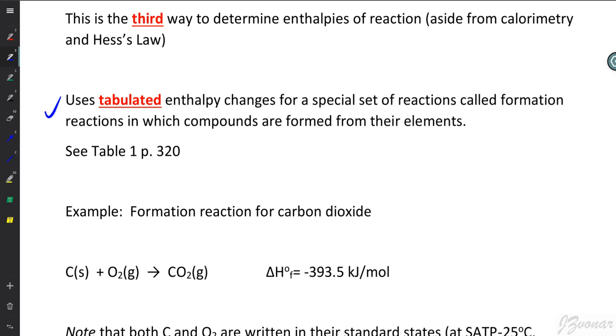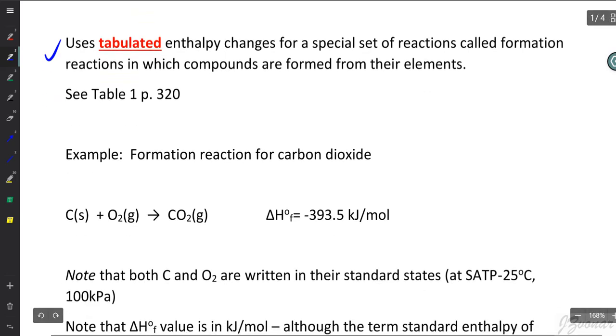Our textbook has a very shortened version of this tabulated enthalpy of formation data, found on page 320, table 1. So it's good to have it handy right now. If I were you, I would take it out so that you can reference it when we're working through these examples of how we use this.